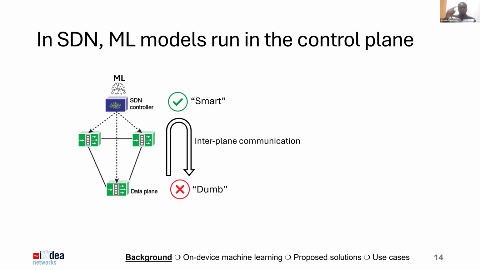This means there will be some back and forth, whereby you collect samples of the traffic, because you can't send all the traffic to the control plane, as you would overload the small bandwidth between the control plane and the data plane. So you would generally get samples of the traffic to the control plane, extract features from those samples, run the machine learning model, make an inference, and then send table entries back into the switch so that it can update its tables and therefore have new forwarding rules. This is what you would typically do.